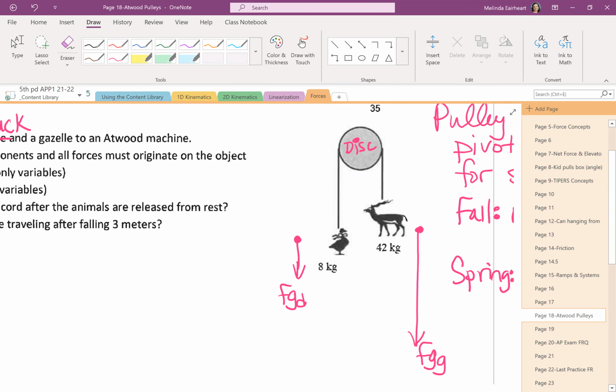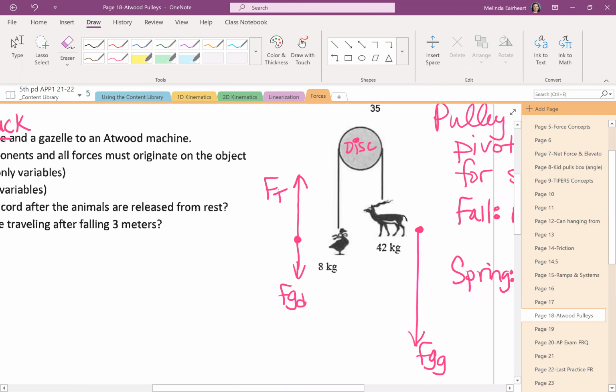Up. It pulls parallel, so the string can't push it down, but it's going to lift it up. Now, trust me right now, I'll explain, it's bigger than the weight of the duck, but not as big as the weight of the gazelle. So I'm going to call this the tension force.